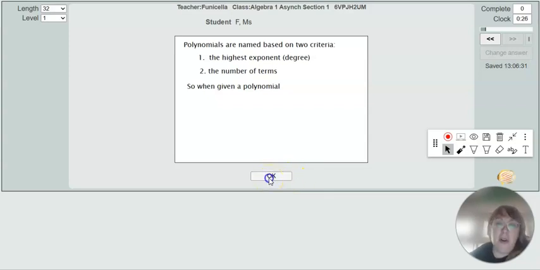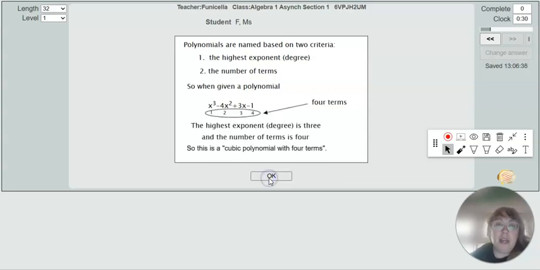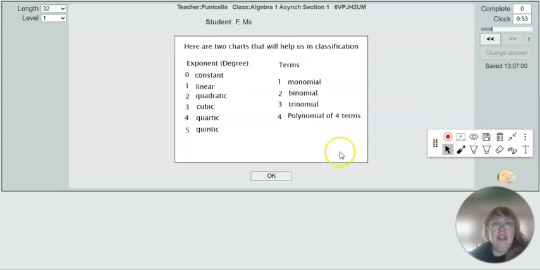When you're given a polynomial, x cubed minus 4x squared plus 3x minus 1, we have four terms. So it's a polynomial, and the biggest exponent that we have is 3. So it's a cubic polynomial with four terms. Beautiful. Go ahead and hit OK.